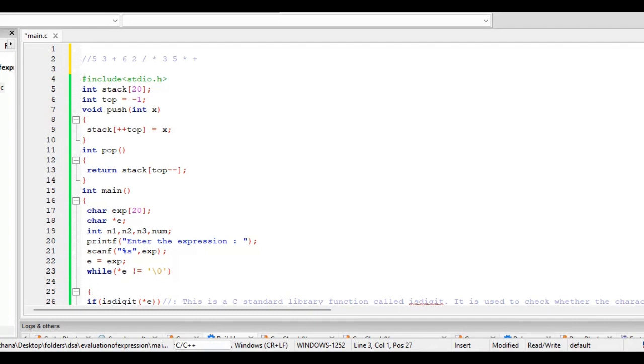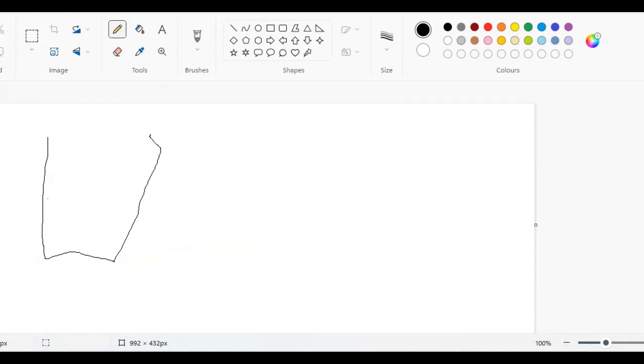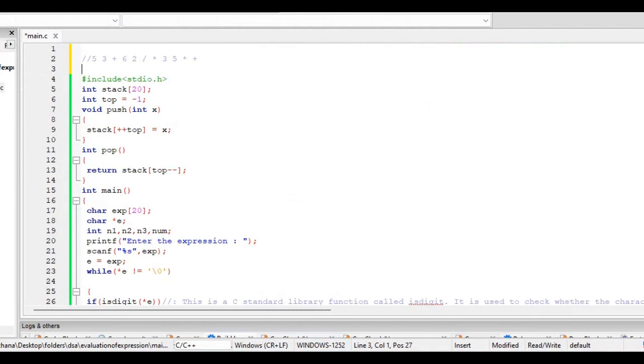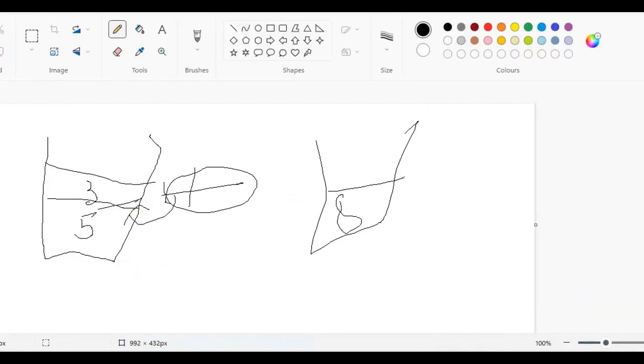Imagine this is 5 and this is 3, and the symbol plus comes in. The symbol adds these two, so the stack becomes 8 now. After that, 6 comes, so we write 6.